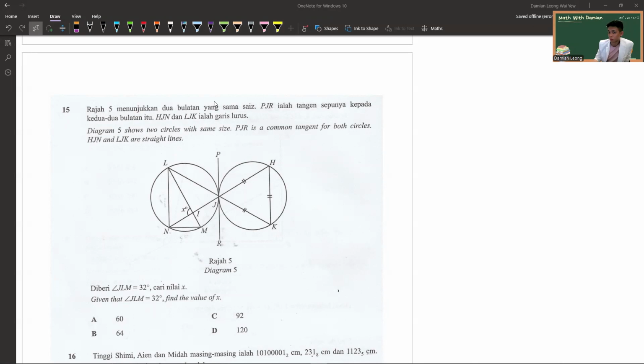So this is an equilateral triangle, all three sides same. So each of the angles is 60 degrees. So I would know here is 60 degrees as well. So if I know here is 60, from the same arc, I would know here would be 60 degrees as well.